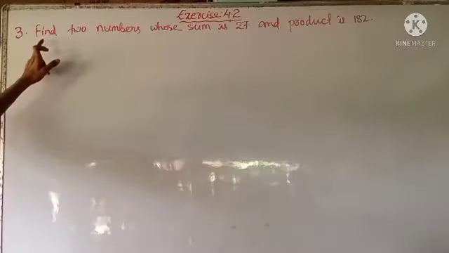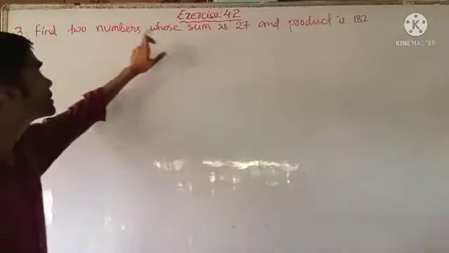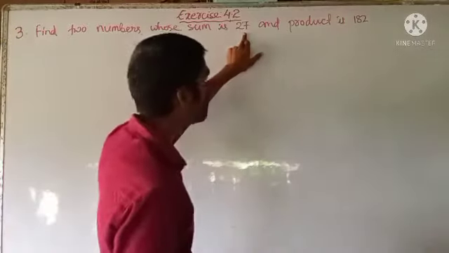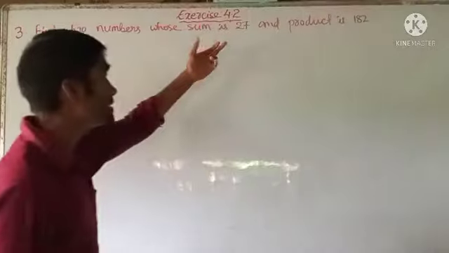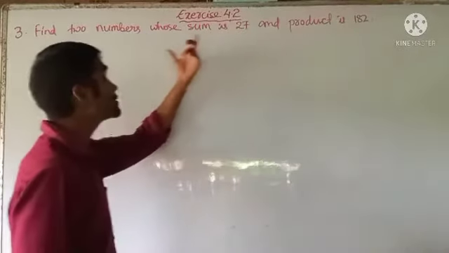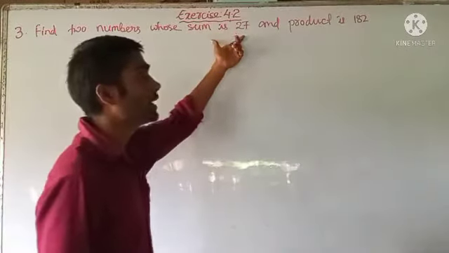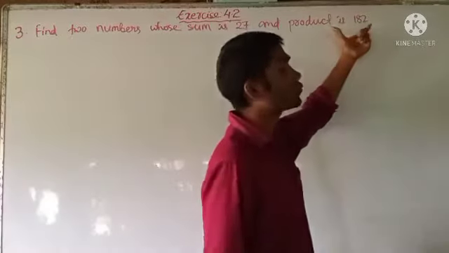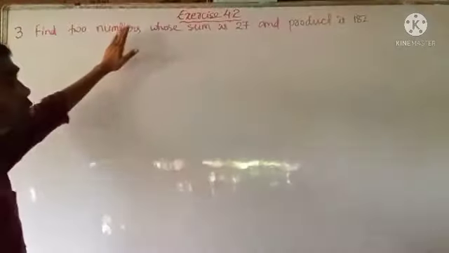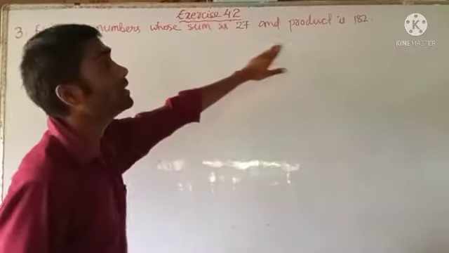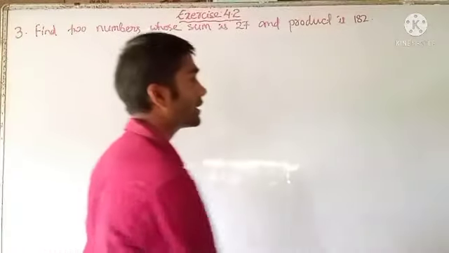Now question number 3, find two numbers whose sum is 27 and product is 182. We are asked to find the numbers whose sum will be 27 and product will be 182.